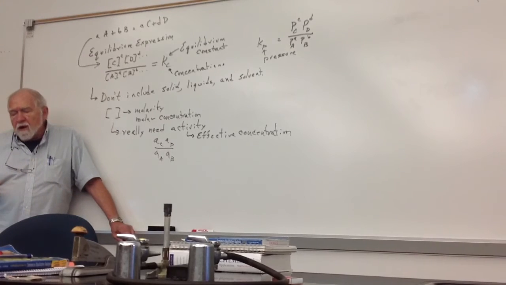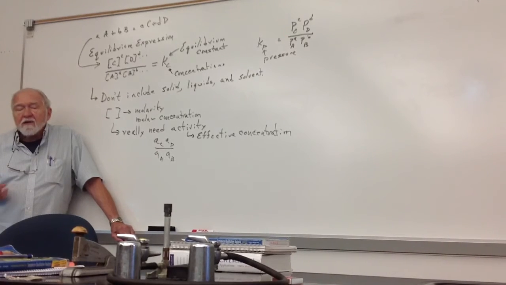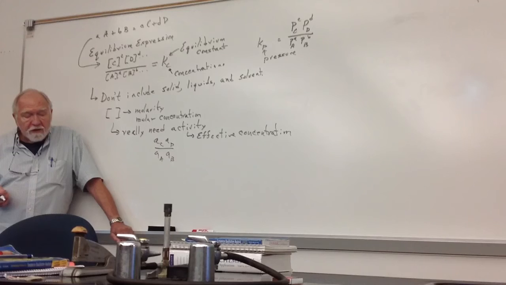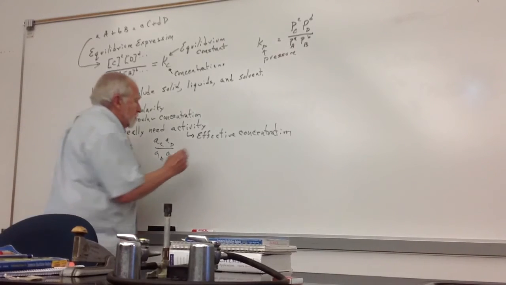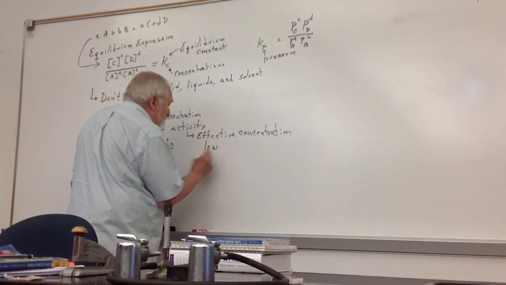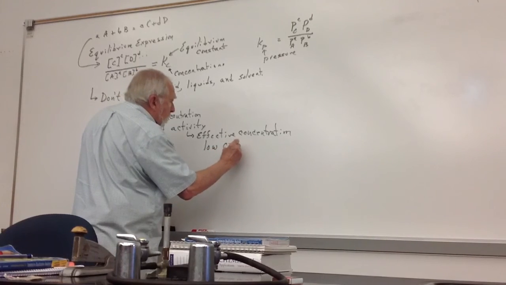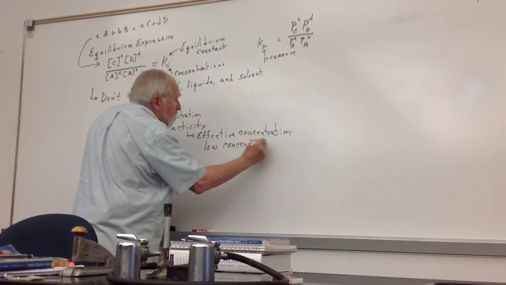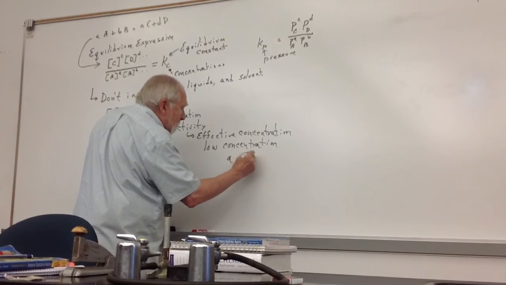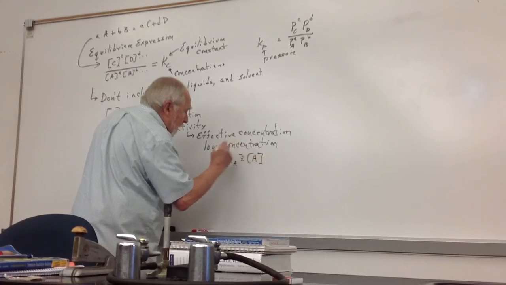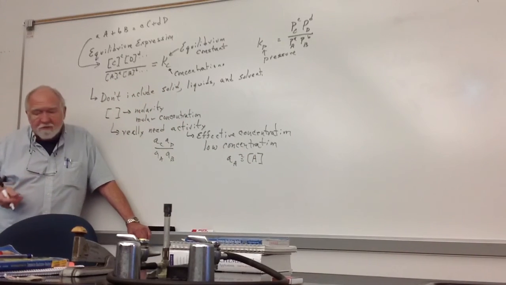And the reason we get away with using molar concentrations, at low concentrations, is that the activity number, and notice it's a number, it doesn't have a unit, is equal to the number you get for the molarity, with no dimensions. I'll put a little squiggle there, approximately equal to the molar concentration.